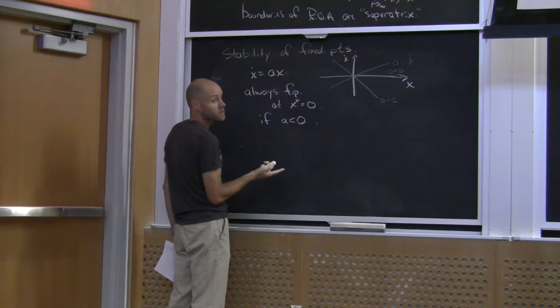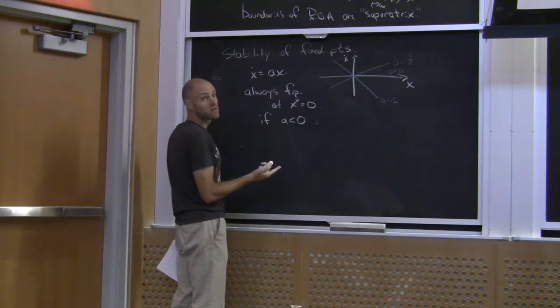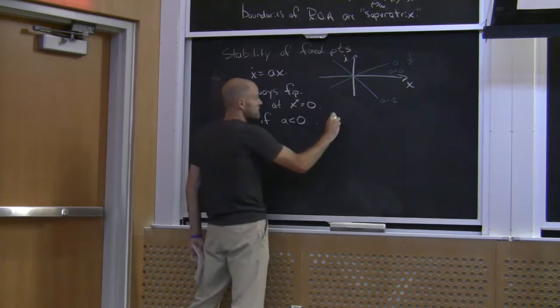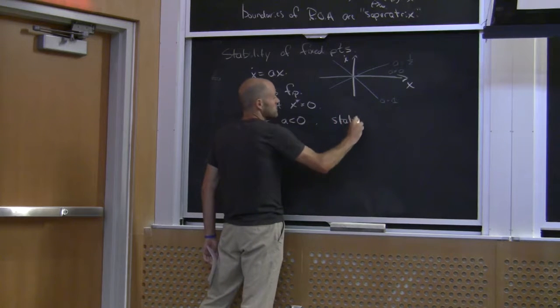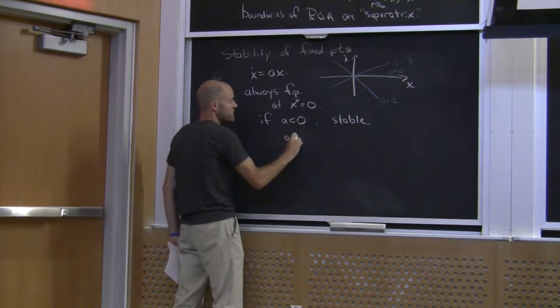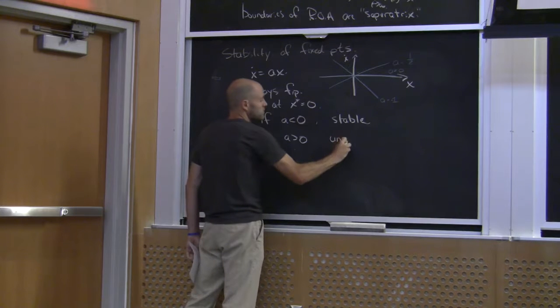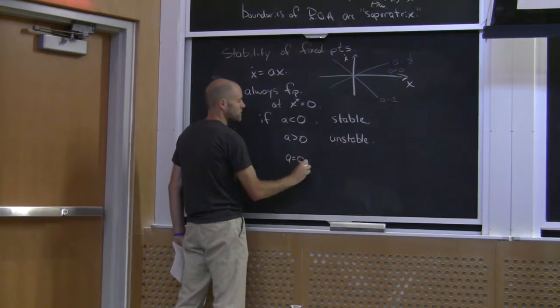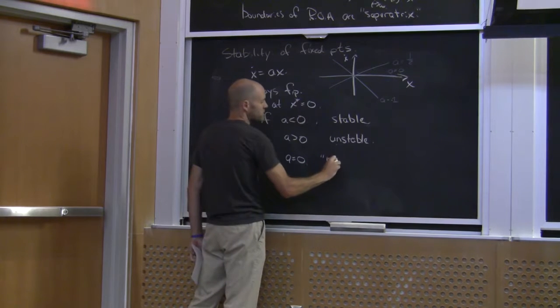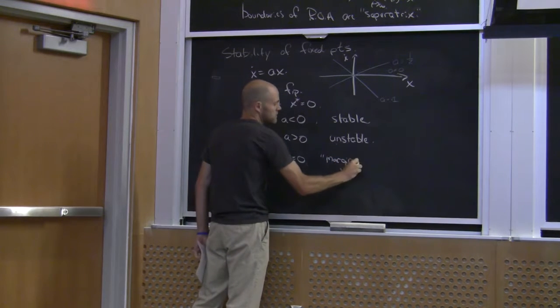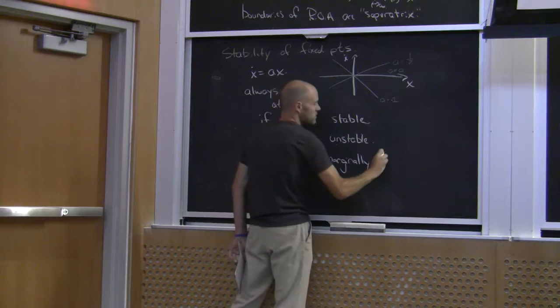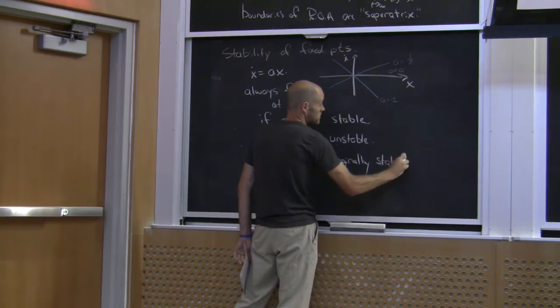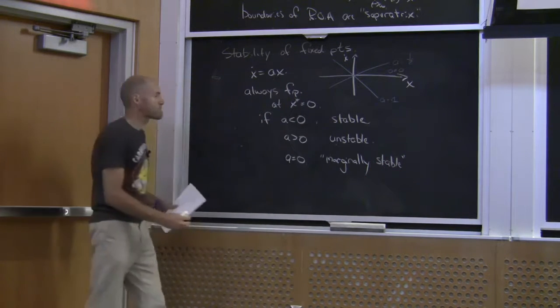Is it stable or unstable? If A is greater than 0, it's unstable. And then if A equals 0, it's called marginally stable. Okay.